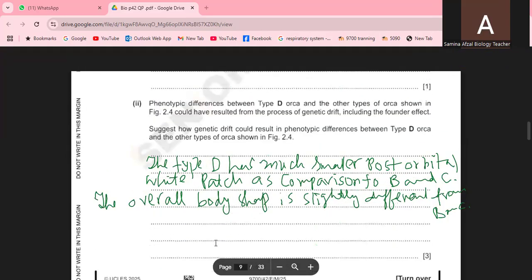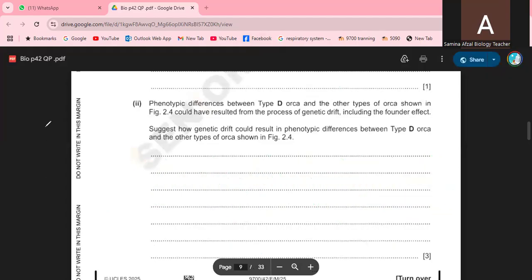Now the next question is phenotypic differences between D. Phenotypic differences means the physical appearance, the physical differences between D and the other types of orca shown in figure 2.4, which could have resulted from the process of genetic drift, including the founder effect.